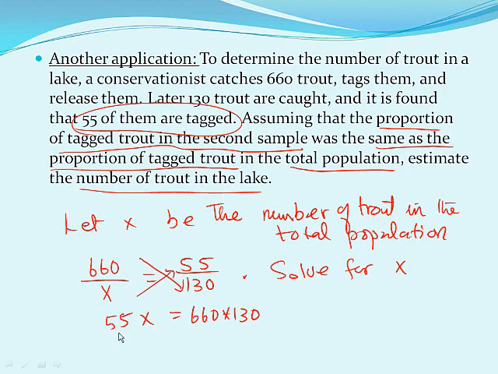To get x, I'm going to divide both sides by 55. So the x value will be equal to 660 multiplied by 130 divided by the coefficient, which is 55. When we do this calculation, we get 1560. So the answer will be 1560 trout in the lake.